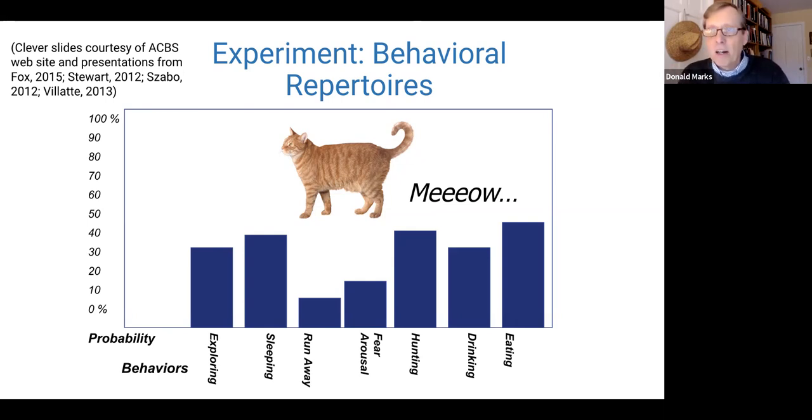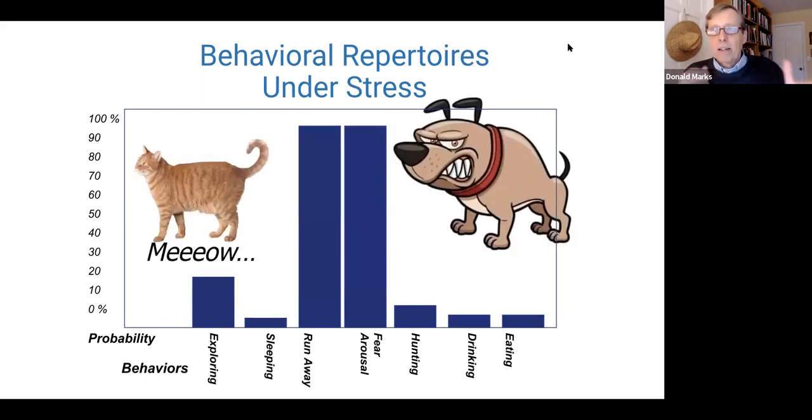Now, if you go to the next slide, imagine we bring a really big, mean dog into the room. Well, what happens to the cat's behavior at that point? Well, the repertoire of possible behavior shrinks, and the probability of fear arousal and running away goes way up.